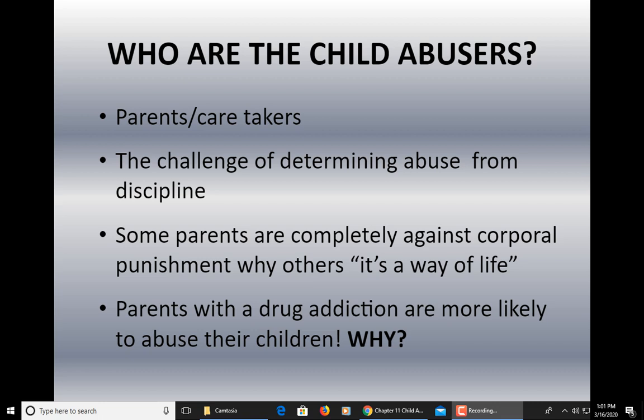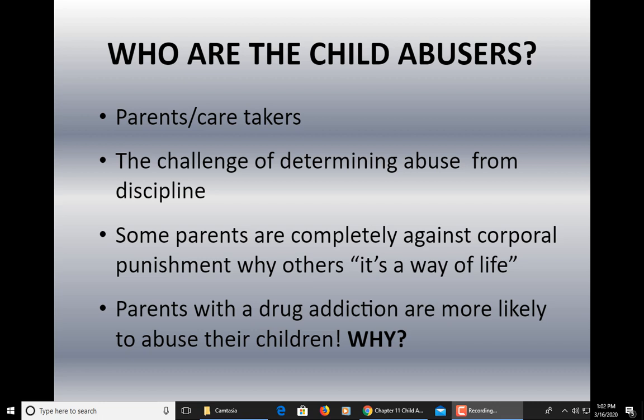So who are the child abusers? Well, for one thing, parents and the caretakers are the most likely to physically abuse their child. Why? Because they're the ones around the children the most in the first place. And that's when you have to separate corporal punishment from discipline. And why do I say that?